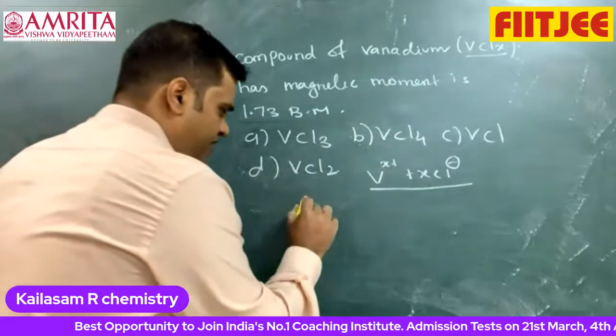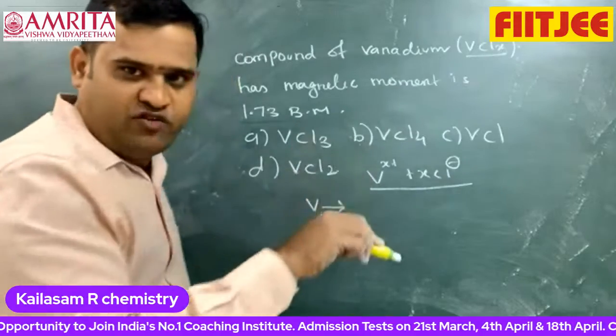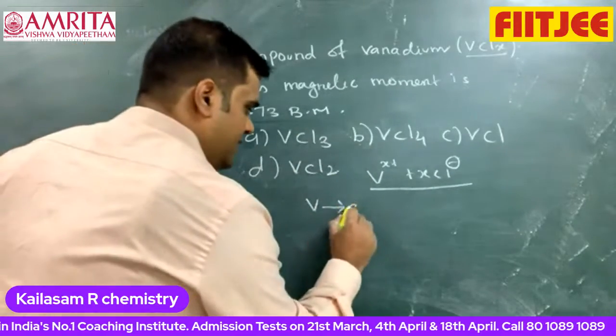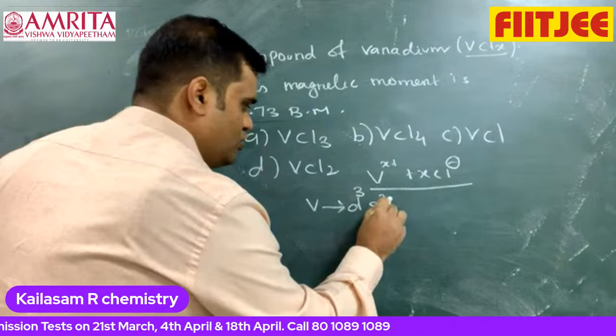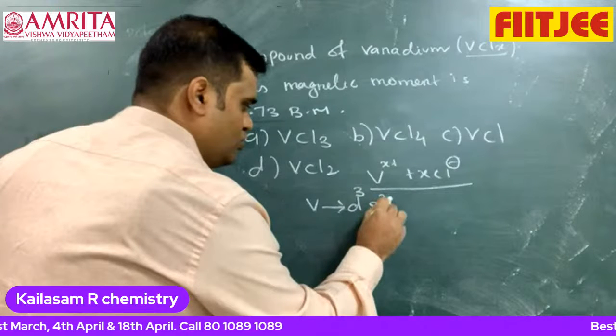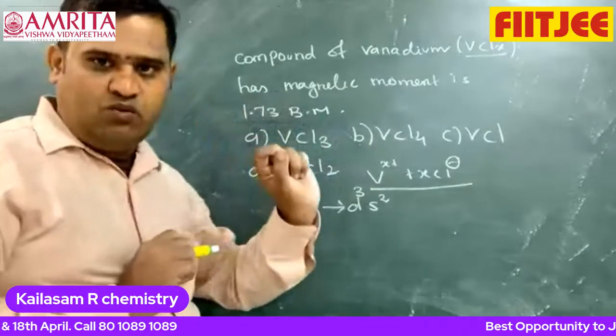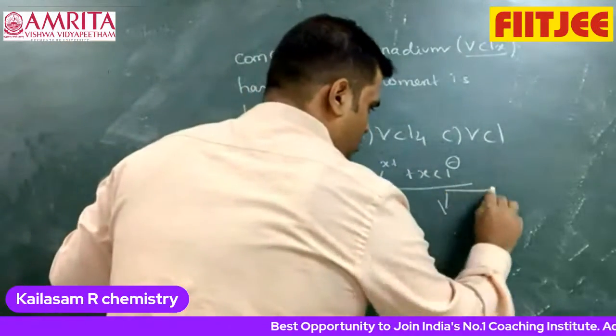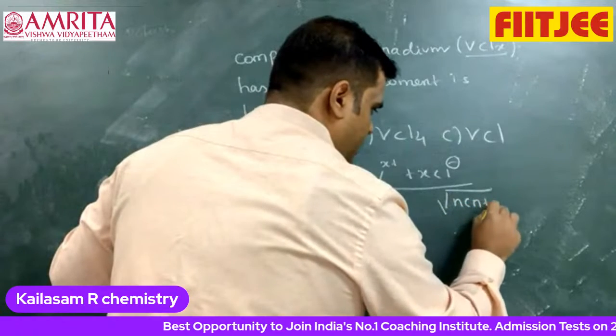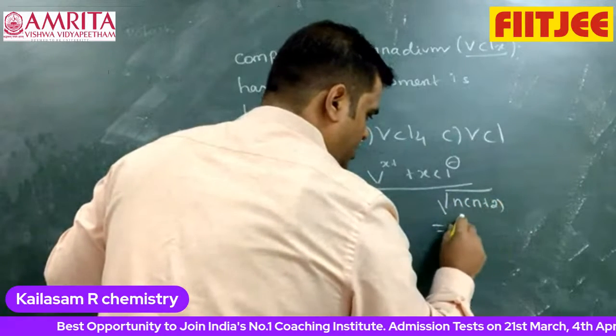Okay, first I am going to vanadium. What is the valence electron configuration of vanadium? You should know it as 3d3 4s2. Now, the Bohr magneton given is 1.73. 1.73 means root 3. That means they are given root of n into n plus 2 is nothing but root 3.